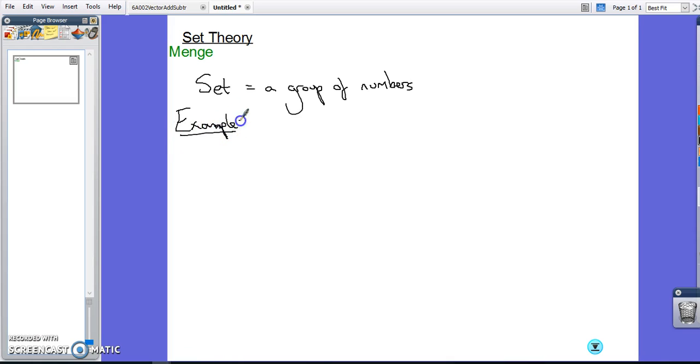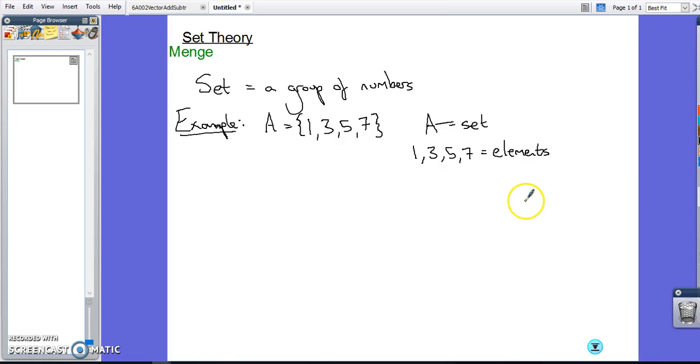So, as an example, let's take the set A with elements 1, 3, 5, and 7. So A is a set. 1, 3, 5, and 7 are the elements of that set.